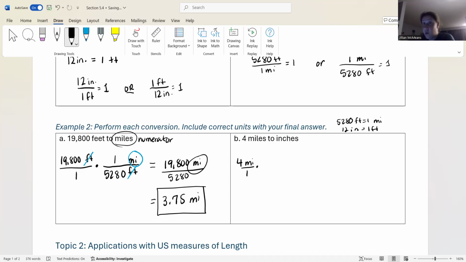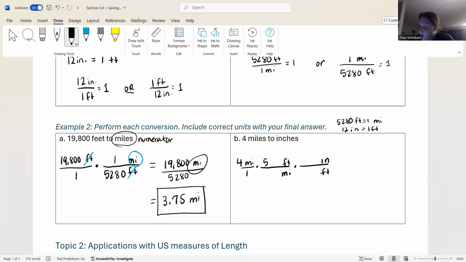So for now, we know we can convert miles to feet, so let's do that. So I want to multiply by something that relates miles and feet, where miles are going to cancel out. And then I need to multiply again by something that relates inches and feet, where feet cancel out. So notice I have miles in the denominator of my first unit fraction, and then I have feet in the denominator of my second unit fraction.